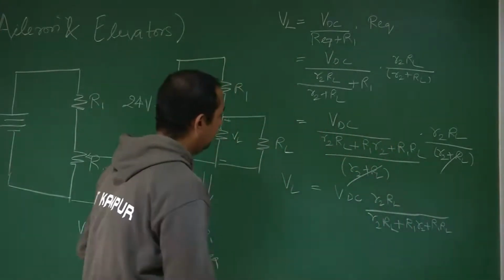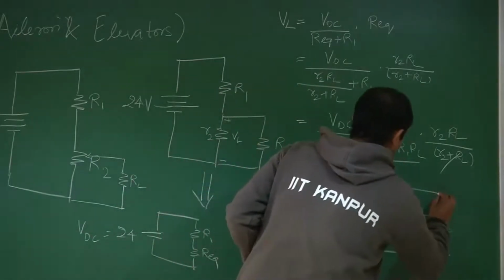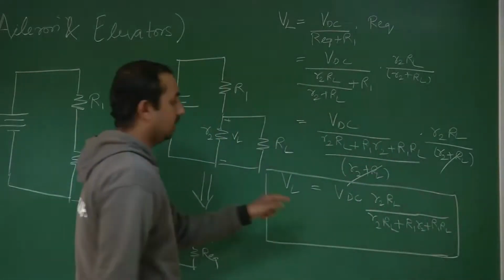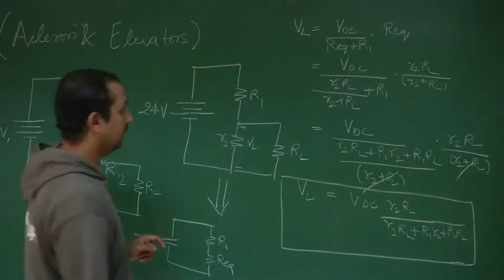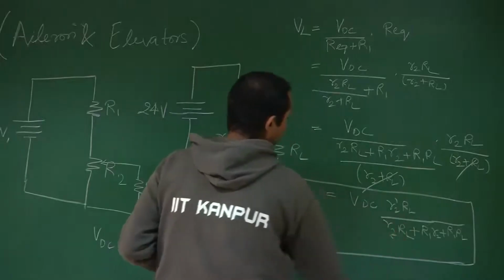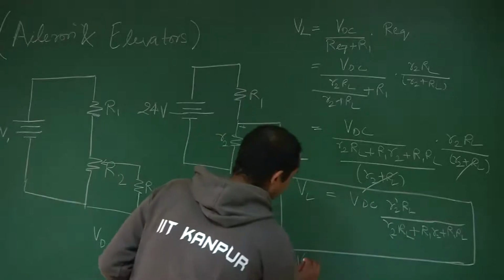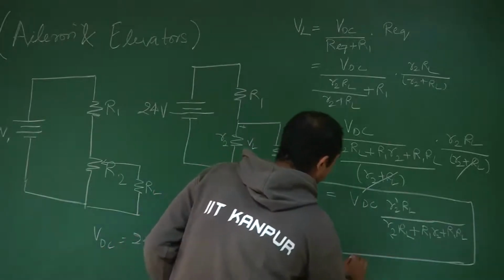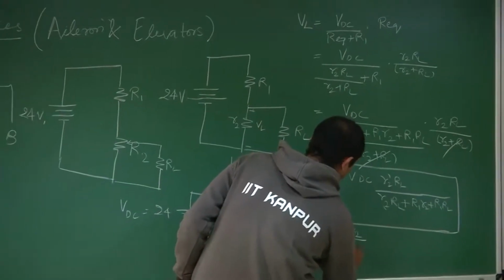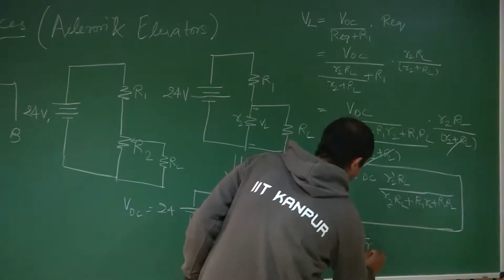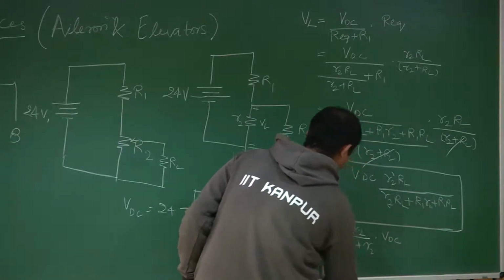So as you can see by this particular equation, the voltage across your load resistance can be varied by varying this value of R2. If the value of load resistance is very high, then you can simply write this equivalent to R2 upon R1 plus R2 into VDC.